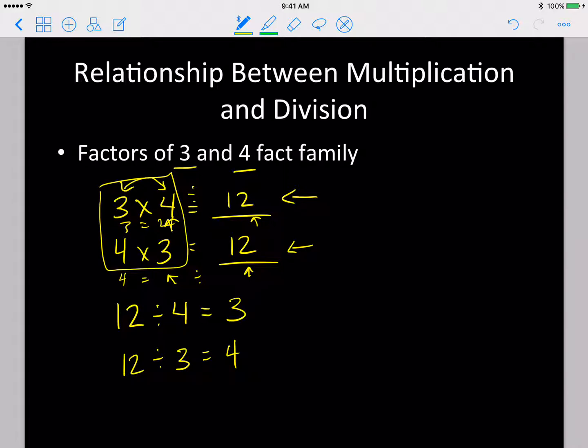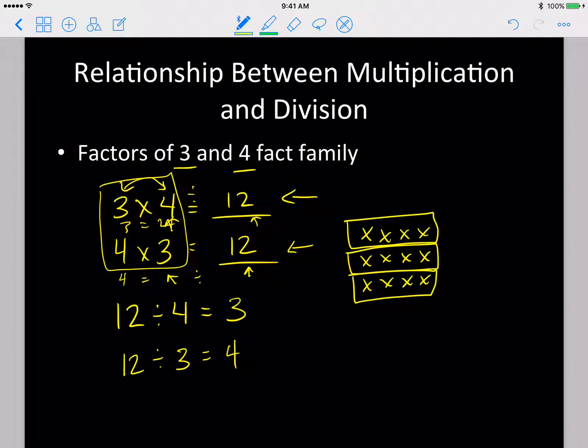Let's look at an array. So if I have a 3 by 4 array, and I want to divide it up into groups, equal groups, well, it's pretty easy to see that there are 3 groups. Each one's going to have 4 in each group.